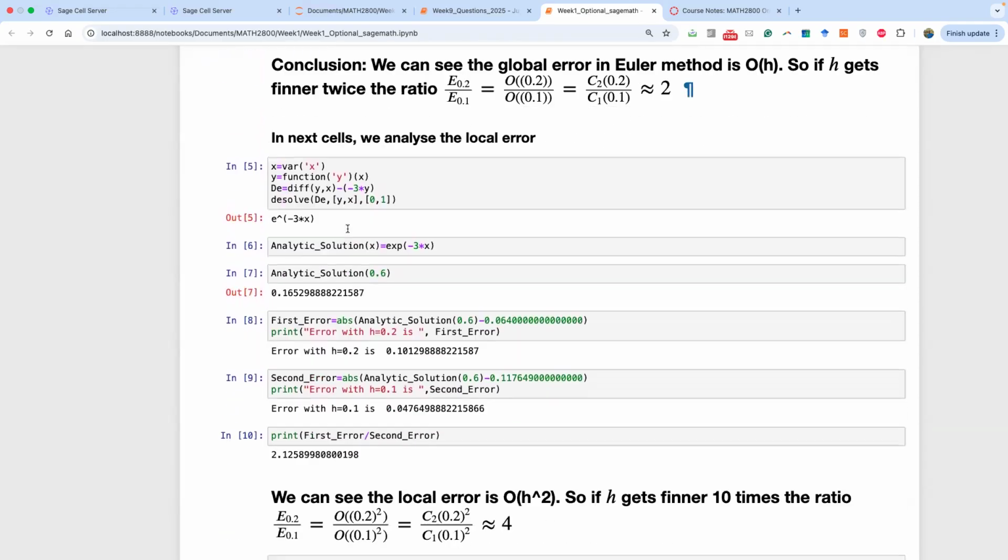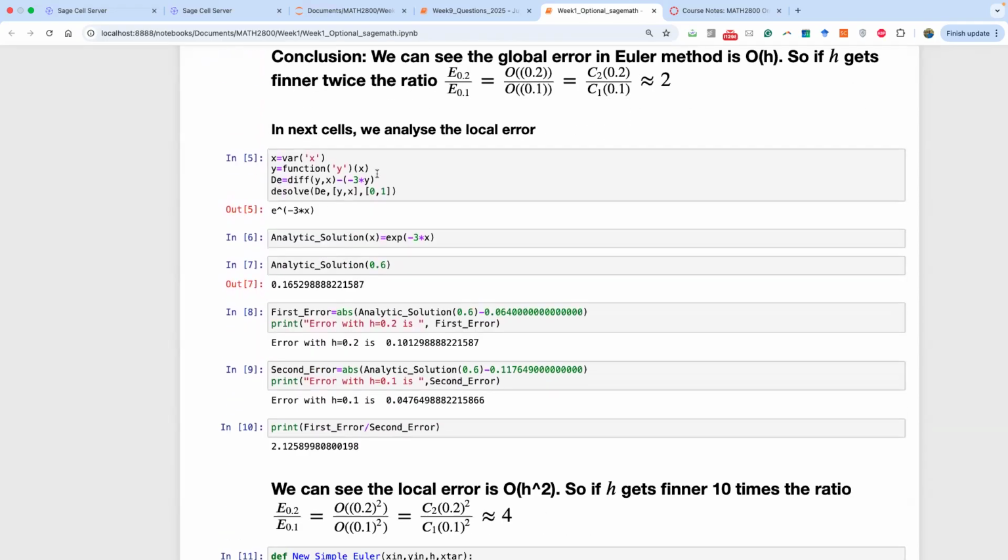To be able to use the DE solve, we should put everything on the left-hand side. So I will gather everything on the left-hand side: y prime minus f of x, y equals 0. With the initial condition, it will give me the analytic solution.